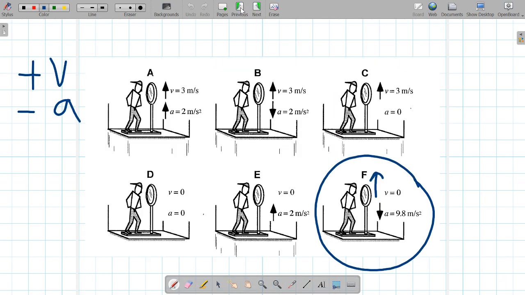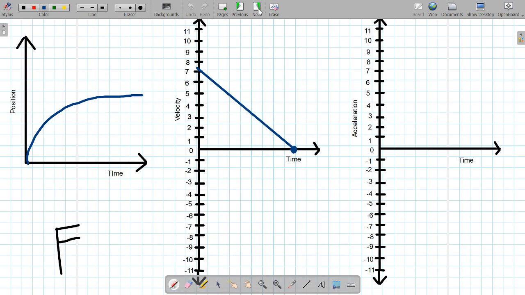And look at my acceleration here. My acceleration is negative 9.8 meters per second squared. What that tells me is that for a brief moment, I'm in free fall because my acceleration is negative 9.8. So I'm going to draw a straight line through negative 9.8 meters per second squared.